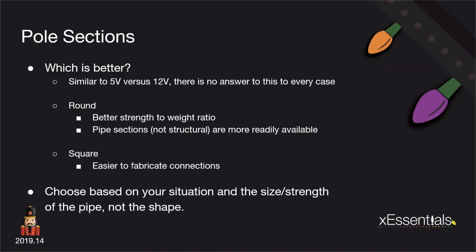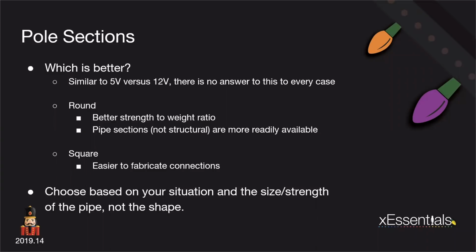If you want to make an actual structural connection, not screwing it in, then you can go with something like square. But basically, all in all, you're better off going with the biggest section that you can get and find, and choose that based on your situation. Get enough size and strength that you want, not necessarily just somebody that tells you this shape is better than that shape.